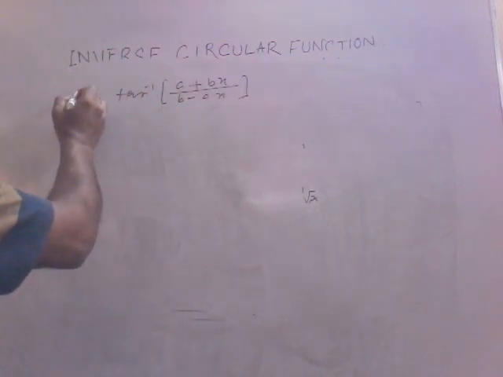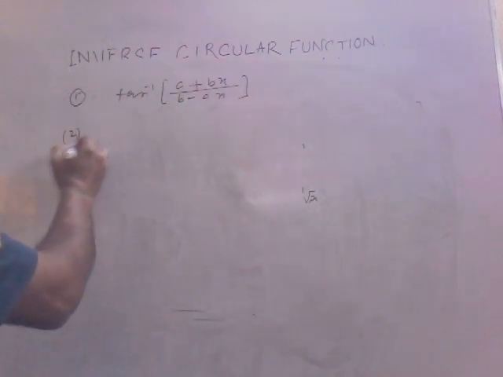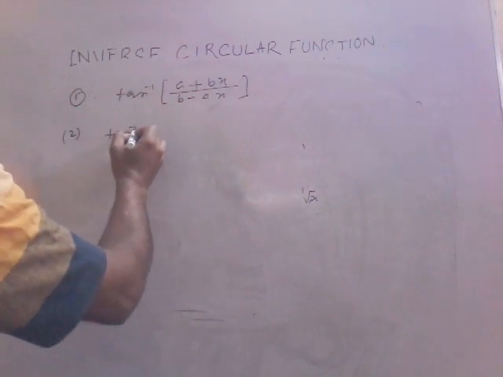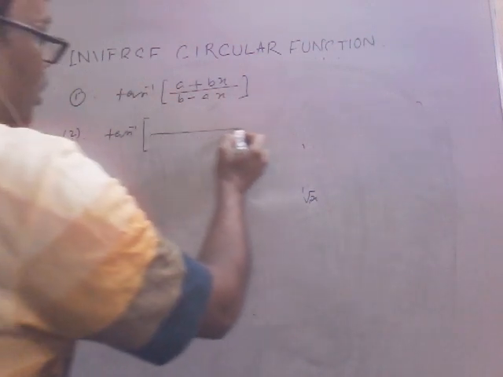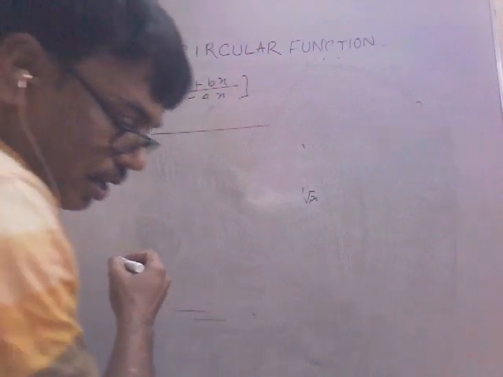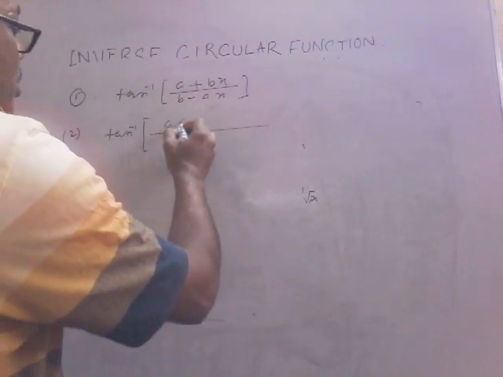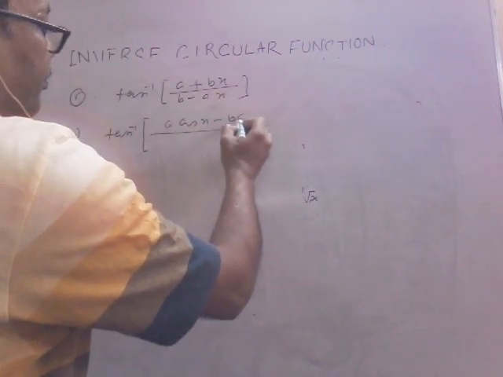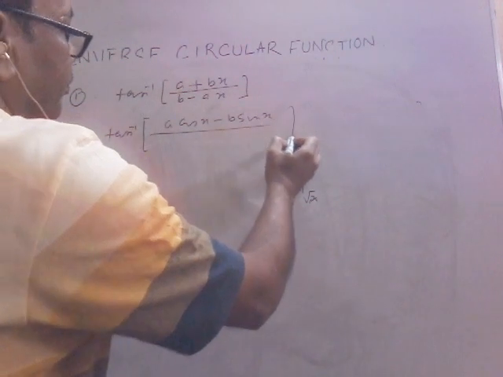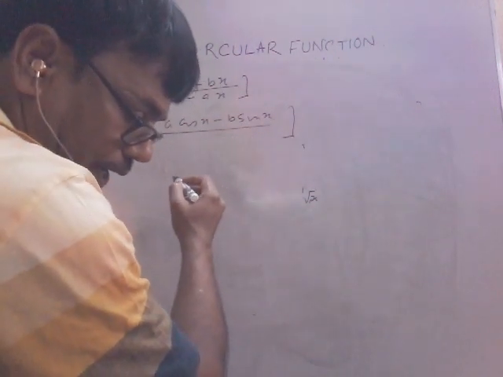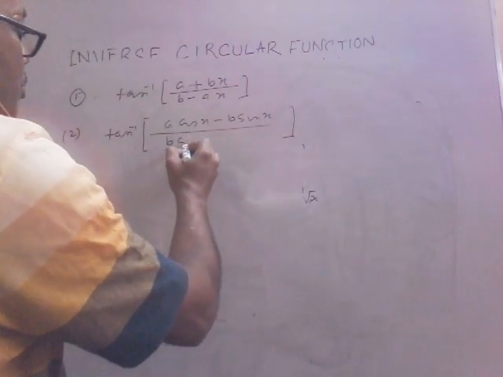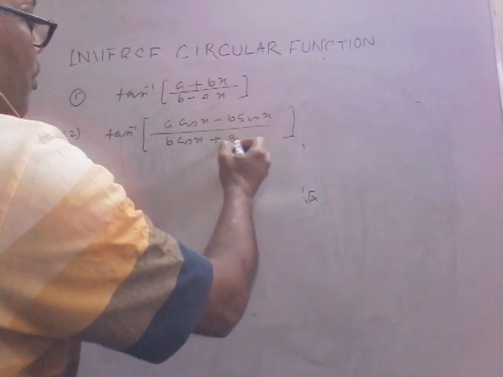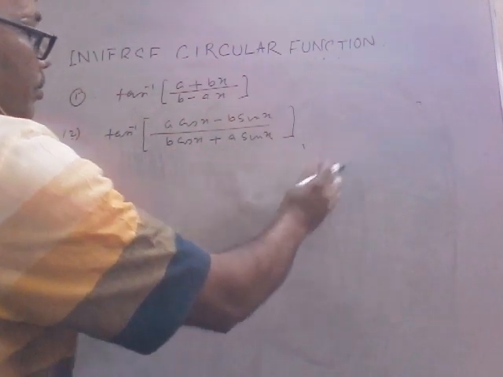Next, tan inverse of a cos x minus b sin x by b cos x plus a sin x.